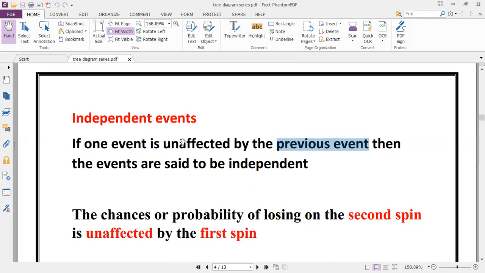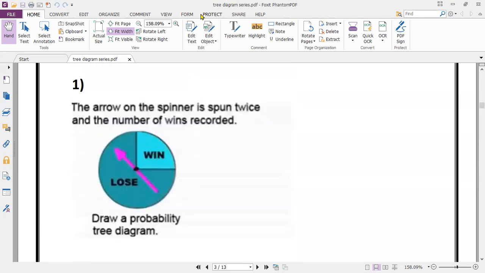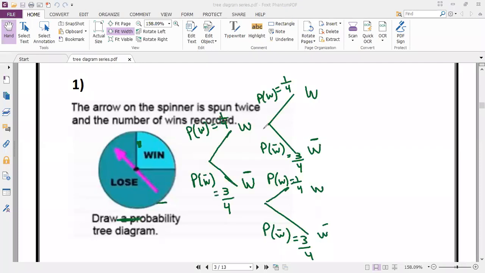Like this example, if we looked at the previous example, what do you notice? Winning at the second time doesn't depend on the first time, so they are 2 independent events.